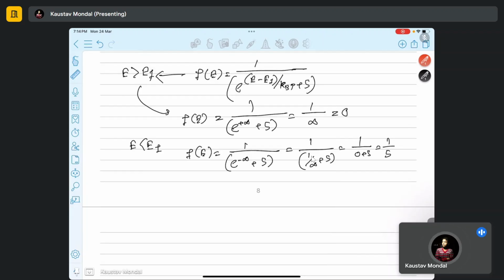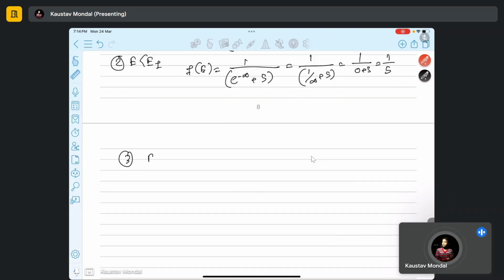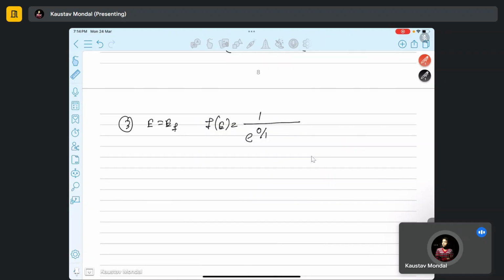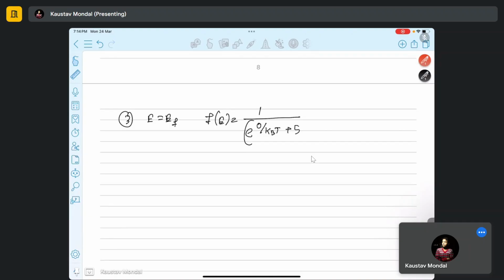So that is the case for 1 and 2. Now the case 3, when E is equal to EF. For that case, it would be simply 1 by e to the power EF minus EF, that gives you 0, 0 by kBT plus 5. This gives you 1 by e to the power 0 plus 5, so 1 plus 5, which is 1 by 6.